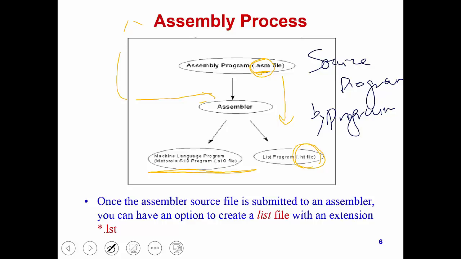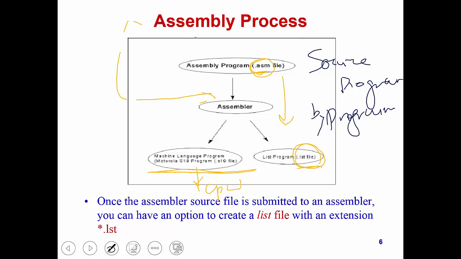So when we do assembly, we have an option. The person doing the assembly process has the option to create a .lst file, in addition to the default S19 file. The .s19 file will be used by the CPU to execute.